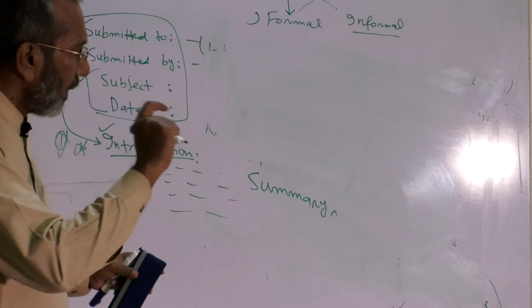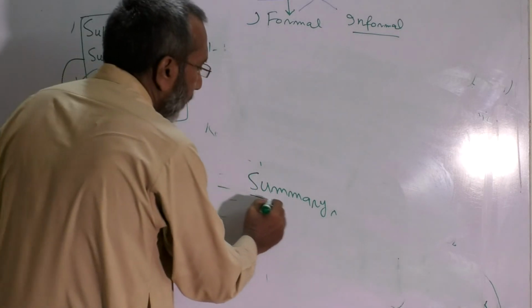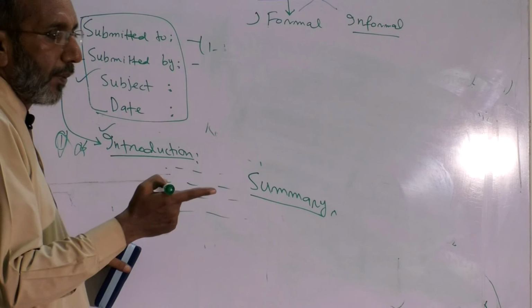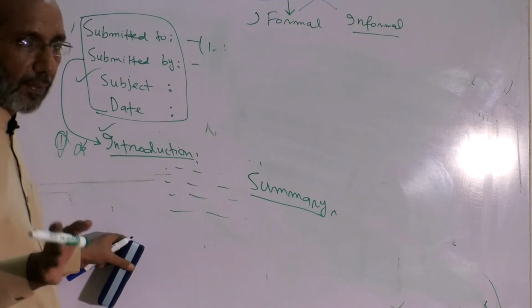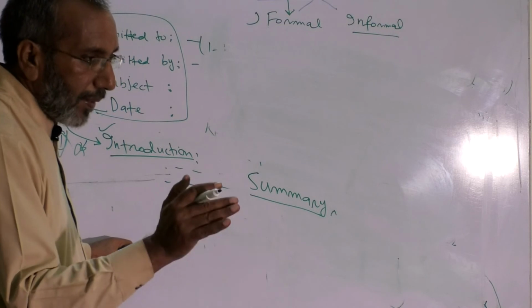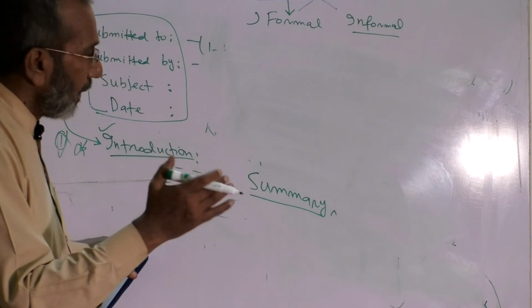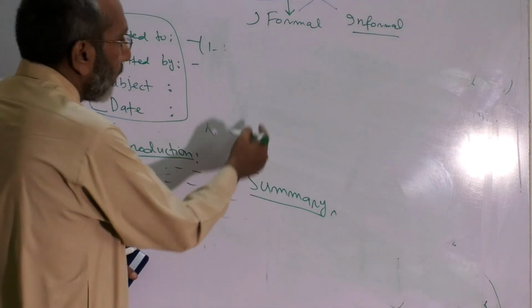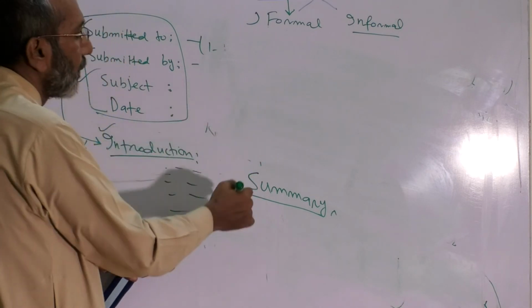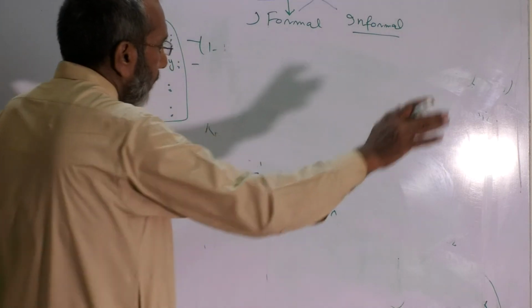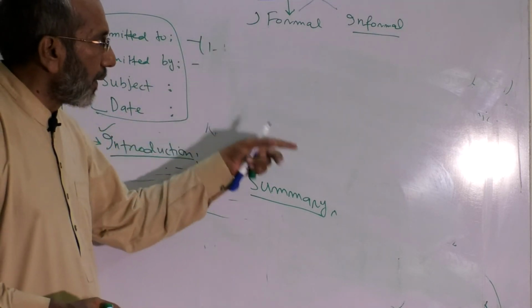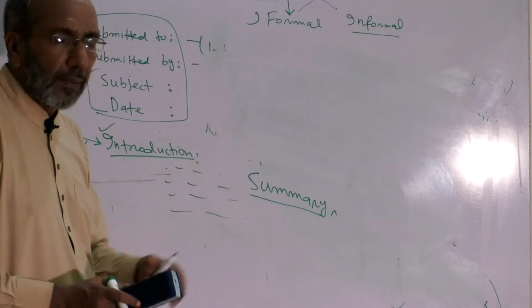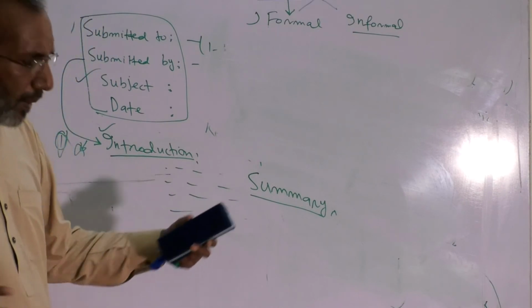So summary is always based on your findings, written on the basis of the findings. Suppose you take the responses of different people: students say this, parents say this. Finally in summary you amalgamate all that.